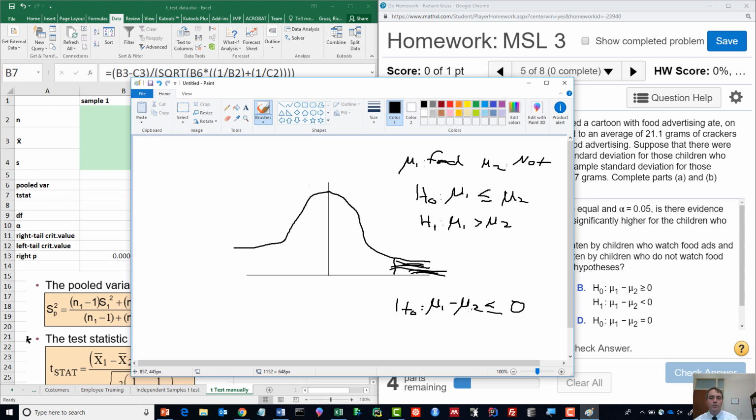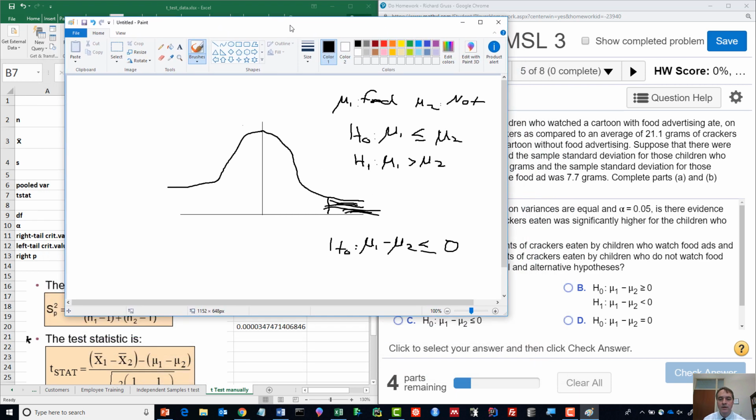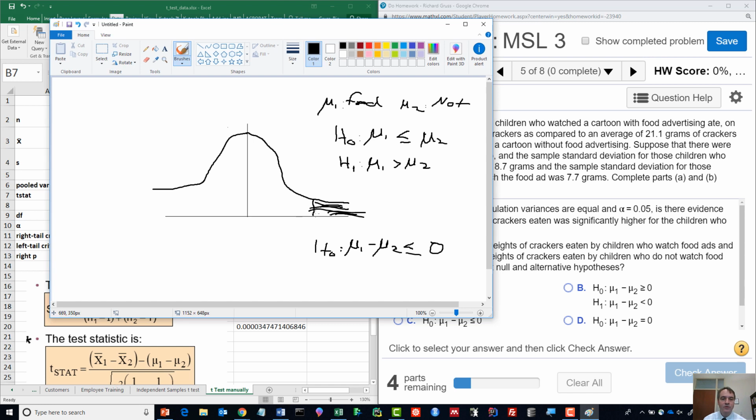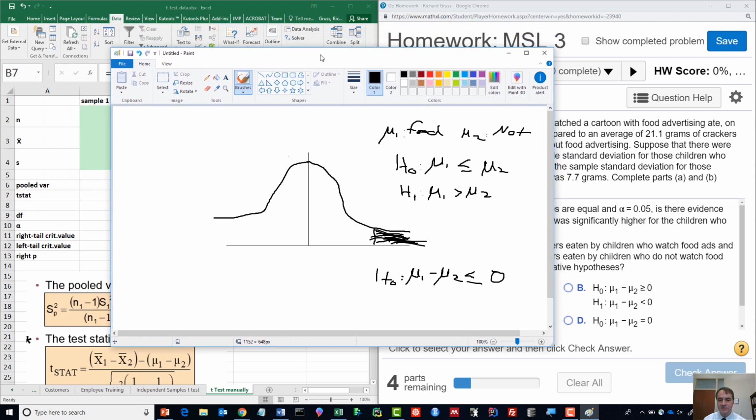So we're going to see if we can reject the idea that this difference is less than or equal to 0. So we're only interested in a rejection region on the right. Okay, so we're only going to have one critical value, and we're interested in the area to one side of our statistic.